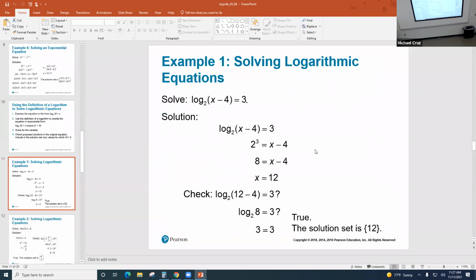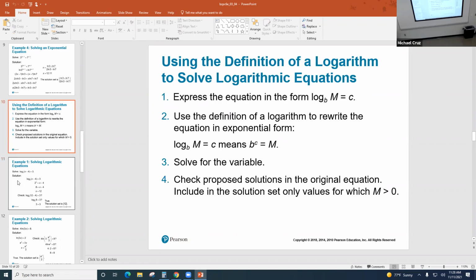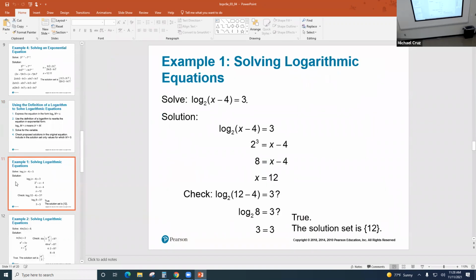All right, so on this one, let's see what we're talking about. We're using the definition of a logarithmic equation to write it exponentially. So we've got log base 2 of x minus 4 is equal to 3. Remember the way that a logarithm is structured: this is your base, and this is your power, the only thing there on the other side of the equal sign.